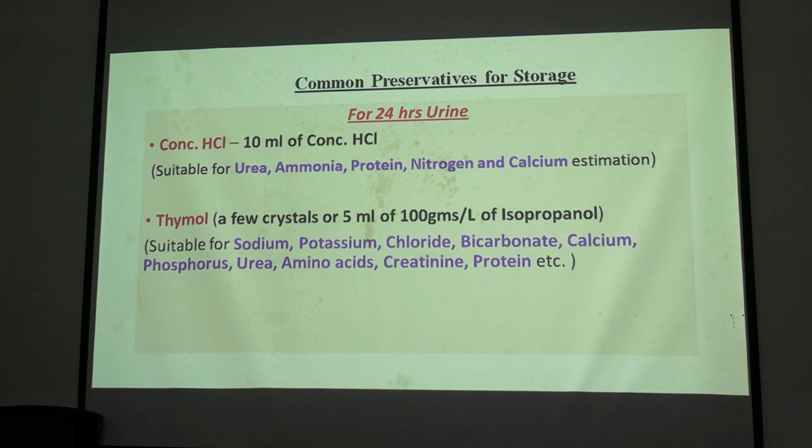And these parameters are usually done in the research centers, in the super specialized centers, not commonly done. But 24 hours urine is done for Bence-Jones protein. That you will be told during your protein class. If I take the protein class, I will tell you in detail about what is done in 24 hours urine. Write down one part. For 24 hours urine, commonly Bence-Jones protein is done, or the total protein output per 24 hours.